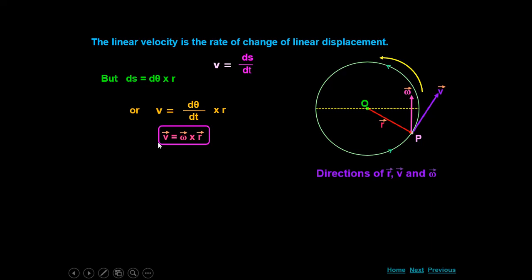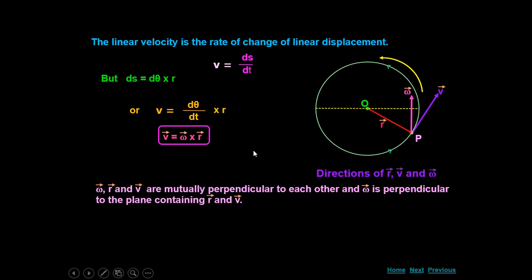If you write this in vector form, vector v equals omega, d theta upon dt, nothing but omega vector cross r vector. You can observe the direction of linear velocity, angular velocity, and this radius of the circle, or position vector.